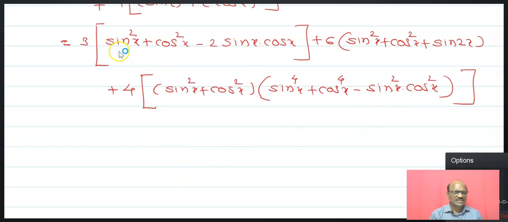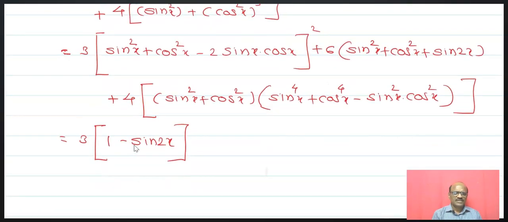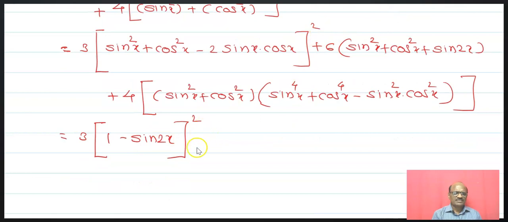Now see this, the value of this is 1, the value of this is also 1, and then we will simplify here. 1 minus sin of 2x, since 2 sin x into cos x means sin 2x, in bracket squared, I have written it back to bracket squared here, plus 6 times, again this is 1, sin 2x, plus 4 in bracket 1.